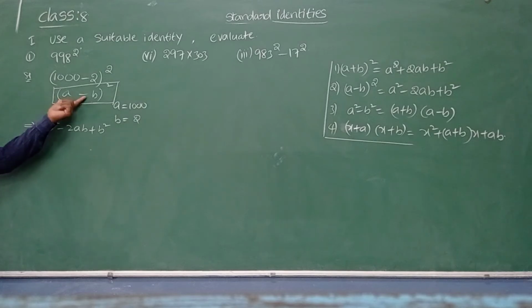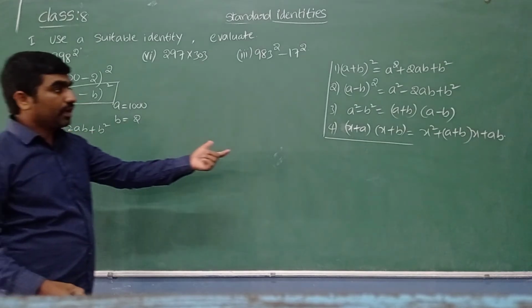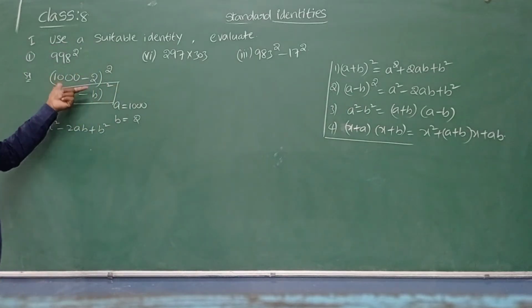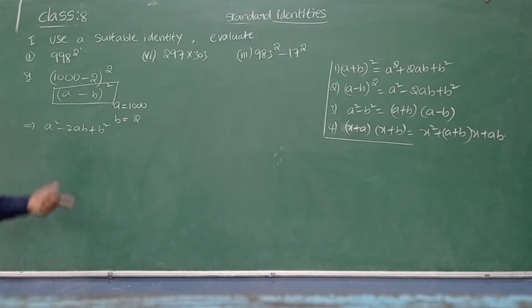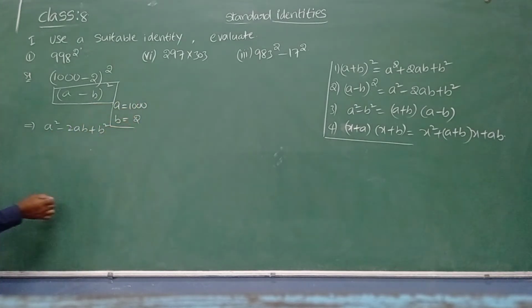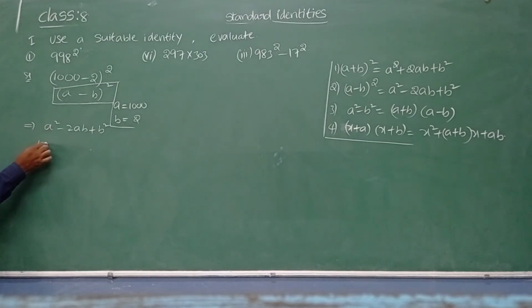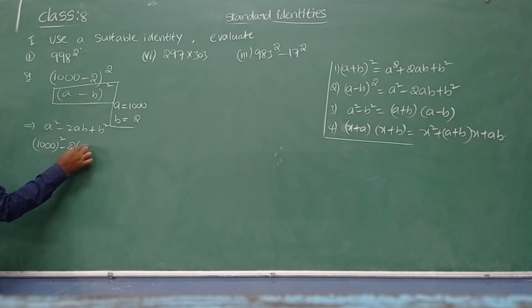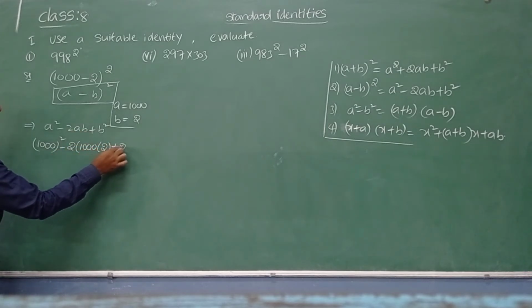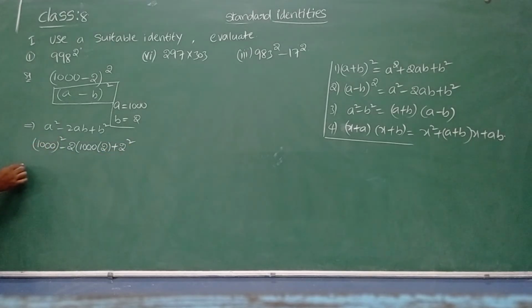If it is like LHS, we'll write the RHS part. If it is like RHS, we'll write the LHS part. Now the given question is like LHS, the expression a minus b whole square, and I wrote the RHS here. Now in the place of a and b, you can put these two values. In the place of a, we'll write 1000 whole square, minus 2 into, in the place of a 1000, in the place of b 2, plus b square, meaning 2 square. 1000 whole square is 1 with 6 zeros.